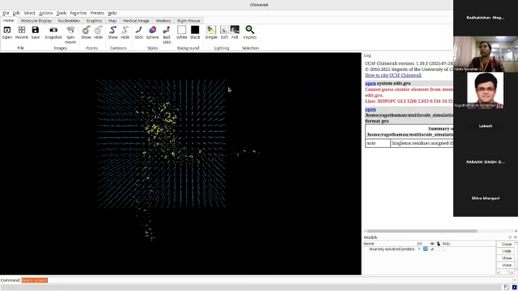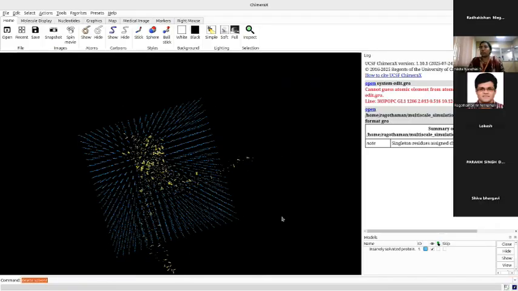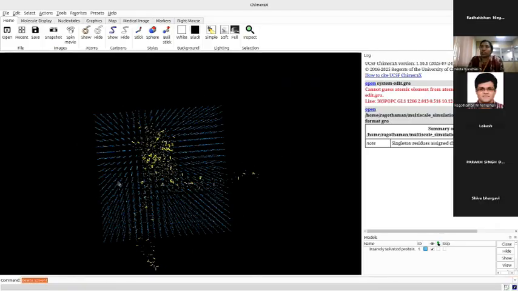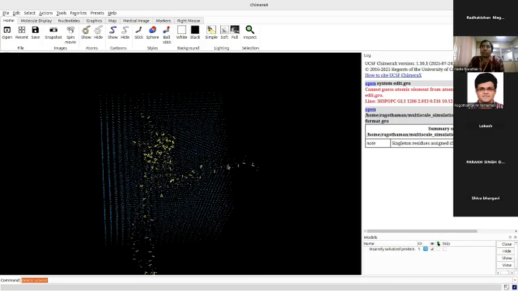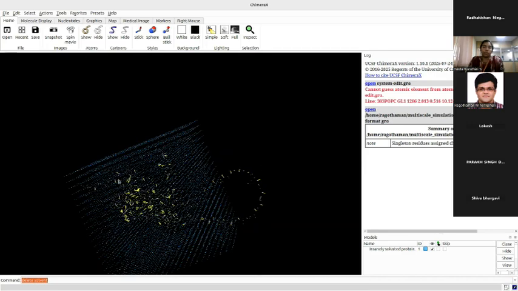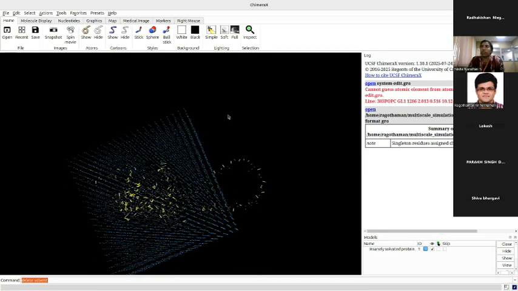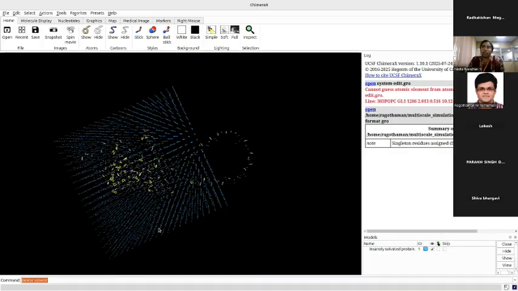Once you add water molecules and ions, you can see a representation like this. All those blue things that you see around are the water molecules, and those in the center are the protein. This clearly shows that we have to increase the box size, as the dimension of 10 is not working for this. A large portion of the protein is outside the box, and we can go back, change the dimension and run it again.